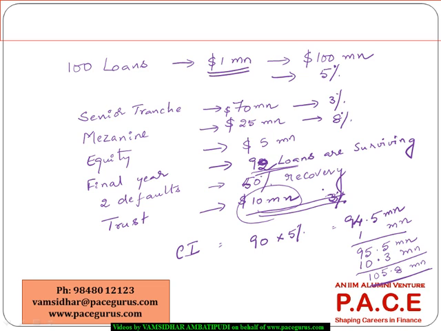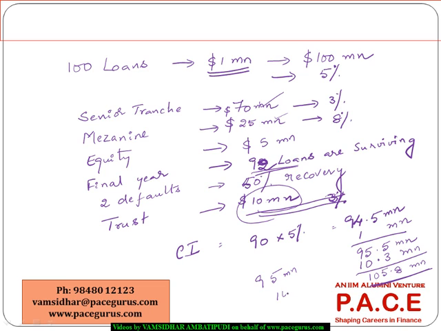Now, when I talk about the payment to each of the tranches, I know 70 million needs to be paid to the senior tranche. So out of this 105.8, let's say I'm paying 70 million to them, and to the mezzanine tranche another 25. So overall 95 million is already being paid out.